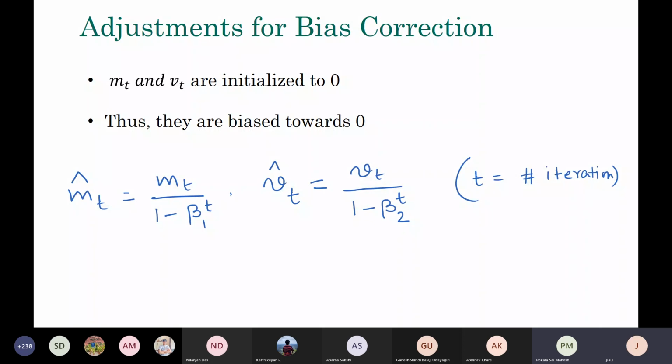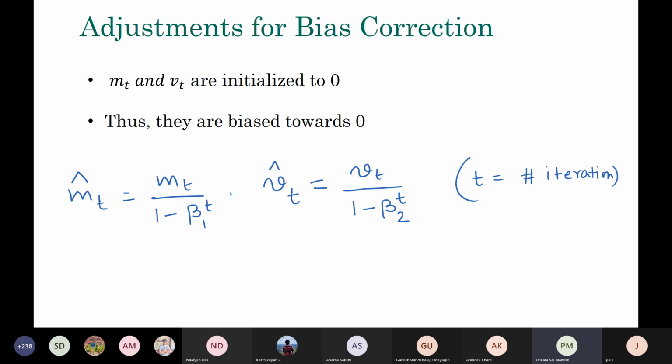What is happening in this case is, as you increase your number of iterations, t, because beta 1 and beta 2 are both less than 1, as you take more and more iterations over your data, the denominator becomes close to 1. Are you convinced about that?